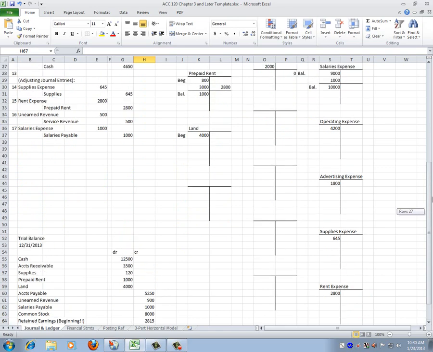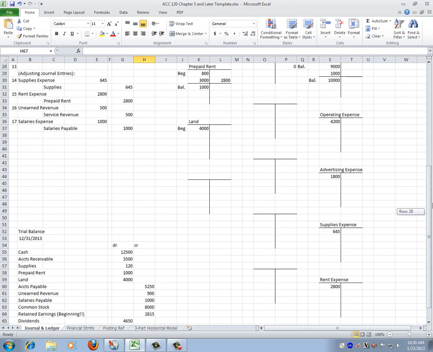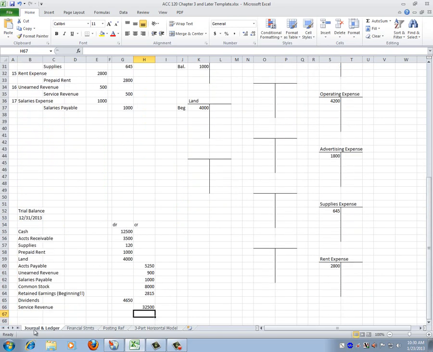And lastly, our expense account groupings, operating expense 4,200. Left side, as is normal for an expense temporary account. Advertising expense.